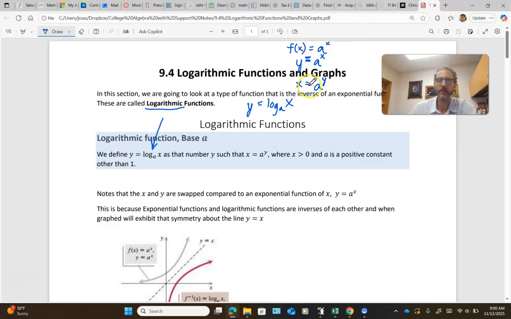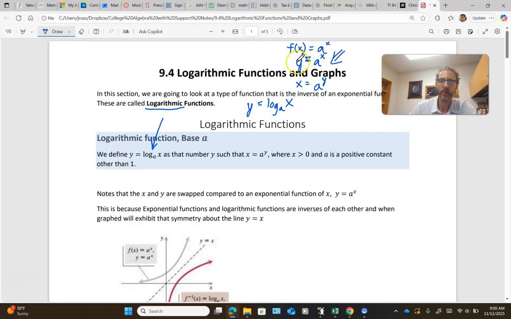You'll see later in a later section, if you were to solve this for y, you have to take the logarithm of both sides. That logarithmic operator will allow you to isolate for y, and so you end up with log base a of x, and that's how you read that. And so this is our new function. This is the inverse of this function up here.